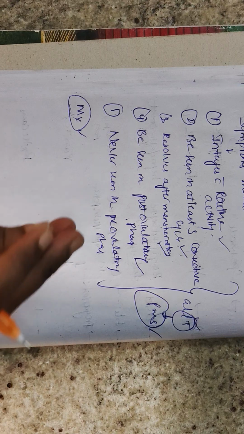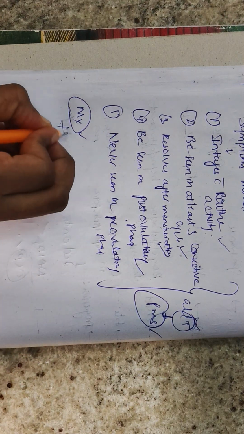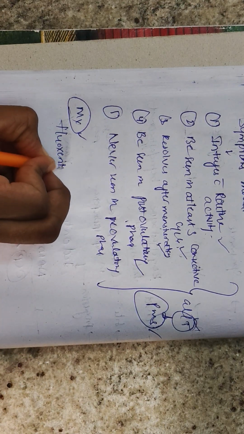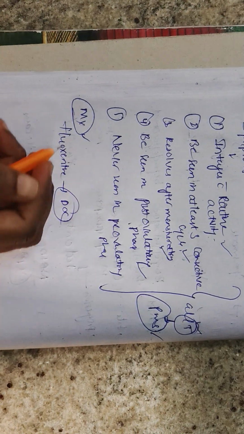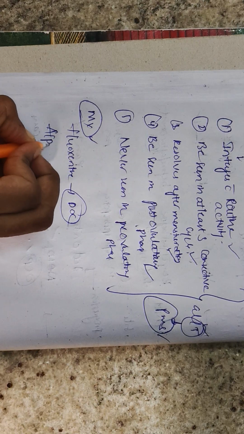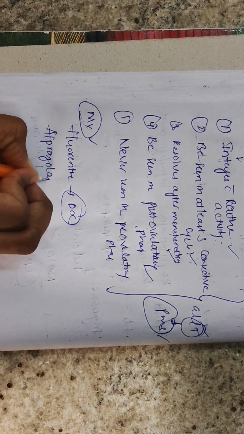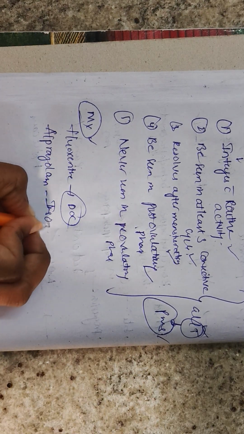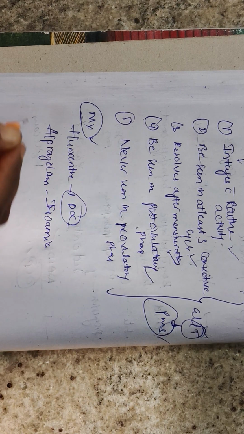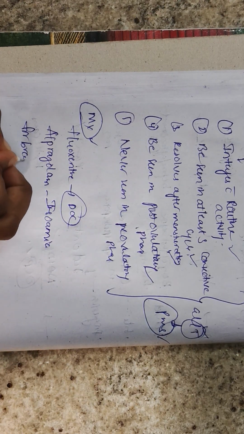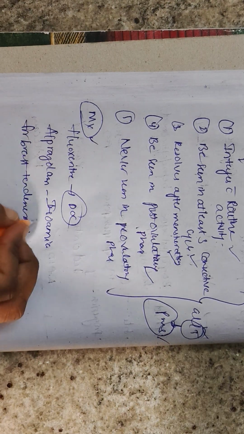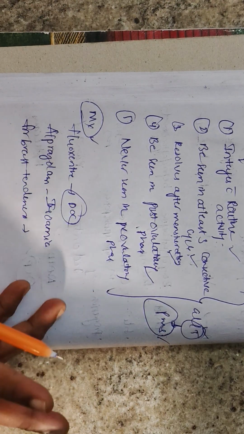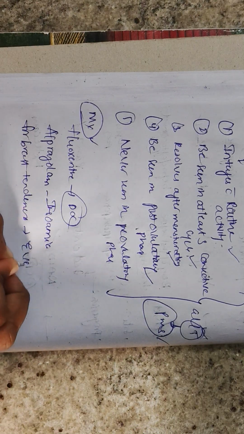Next, how do we manage premenstrual syndrome, that is, mood swings and bloating? For mood swings, SSRIs. First, fluoxetine can be given; fluoxetine is the drug of choice. If there is insomnia, we can give alprazolam. Breast tenderness is also present in these cases; for that, we can give evening primrose oil.